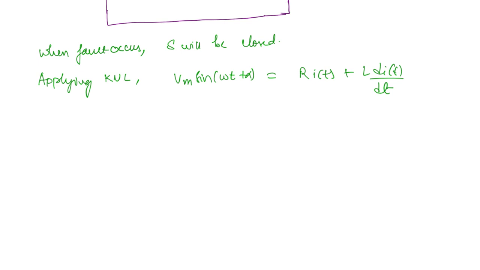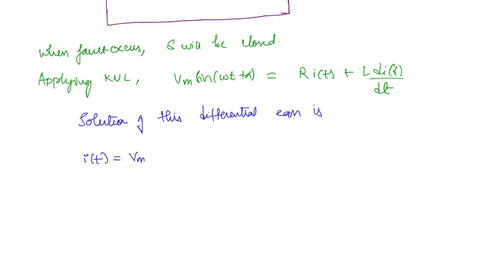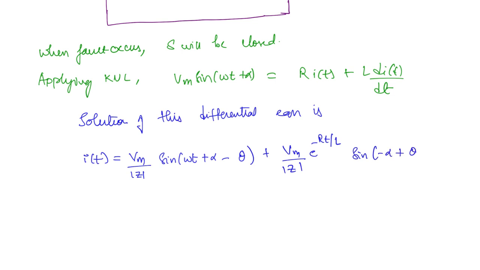I am writing the direct solution. The solution of this differential equation is i(t) is equal to Vm by mod Z sin(omega t plus alpha minus theta), where theta is the impedance angle, plus Vm by mod Z e to the power minus Rt by L sin(minus alpha plus theta).